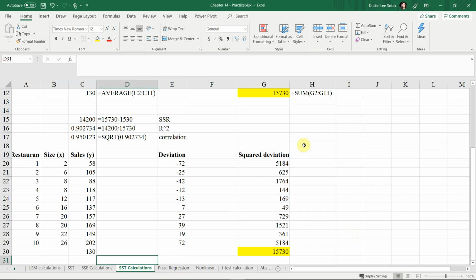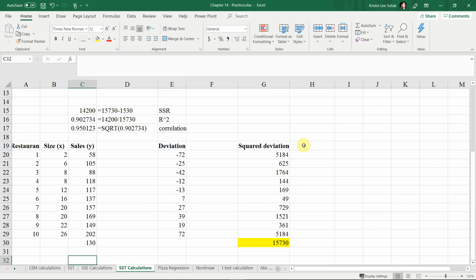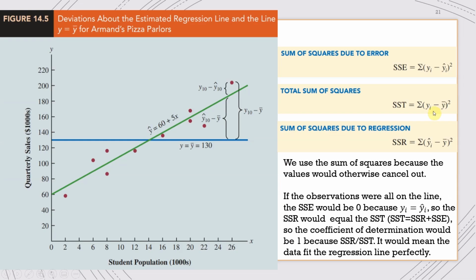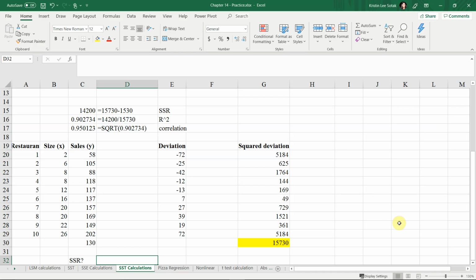So now we want to calculate our sum of squares regression. We don't know that, but we do know that we have the sum of squares error and the total, so we can solve for the sum of squares regression. To do that, we can subtract the error from the total.